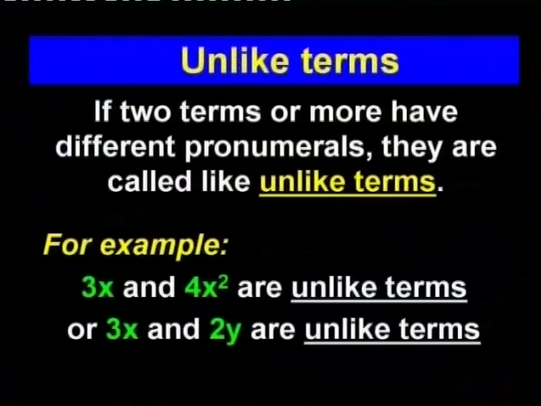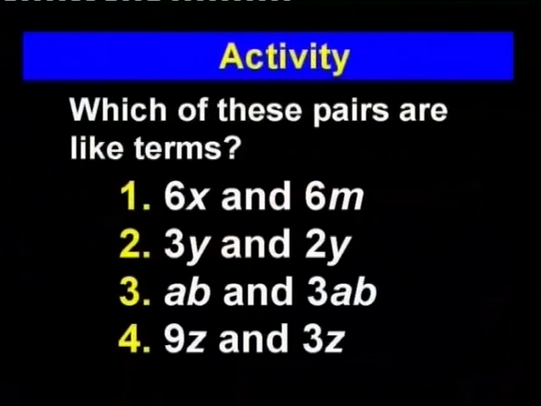Pronumerals are different. We have x and y. So they are known as unlike terms. Good. Now, this is a short exercise for you to do. It's in lesson number 72, page 29. You will complete that exercise to find which pairs are like terms and which are not.